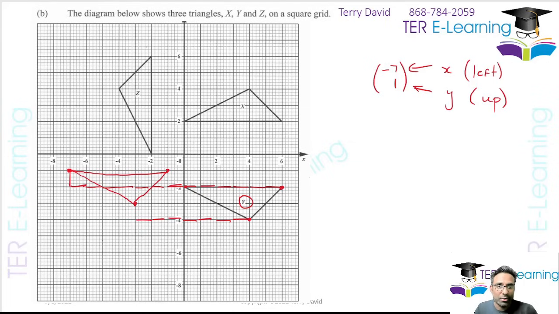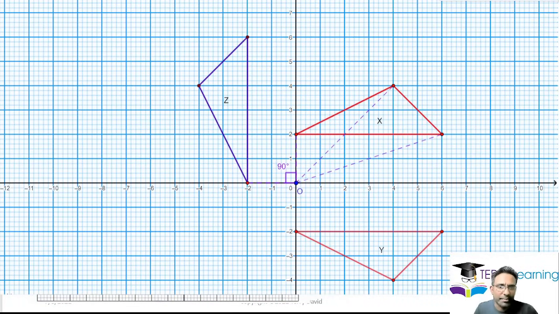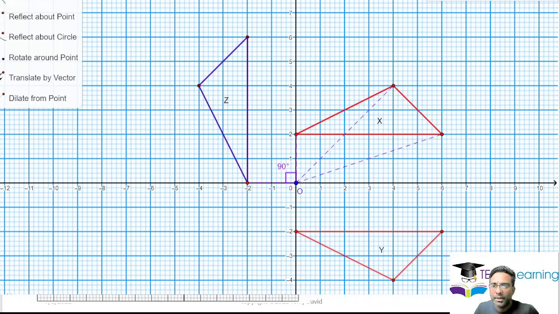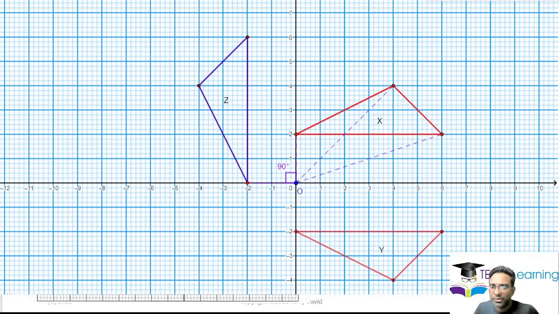Let me give you another diagram here, and I'll show you exactly what I mean. So I have triangle Y, and I'm going to perform a translation with this. Let me select that again. So this triangle here, and we perform this.